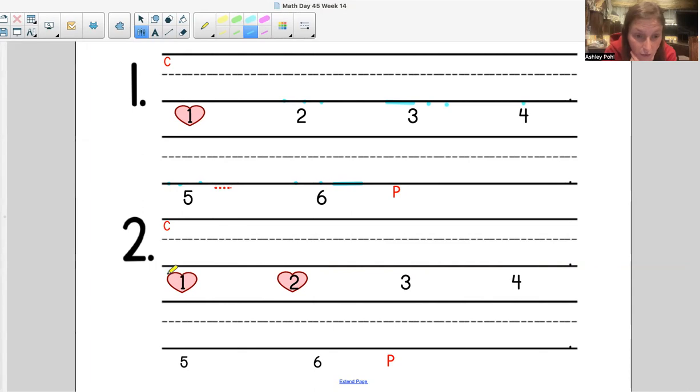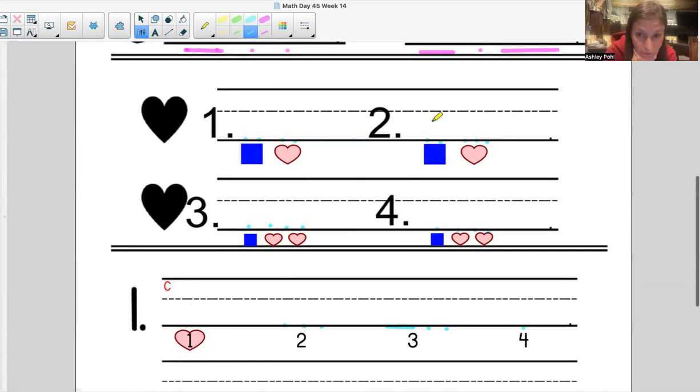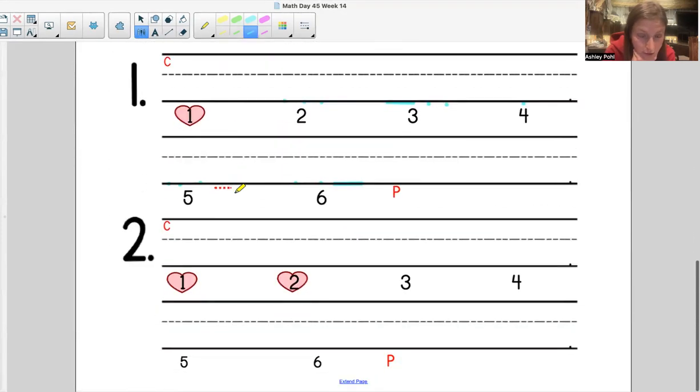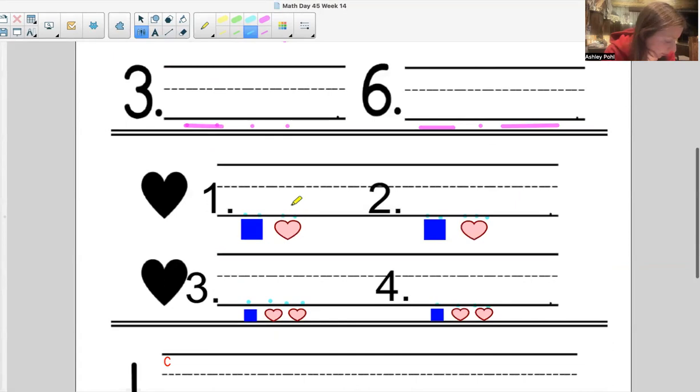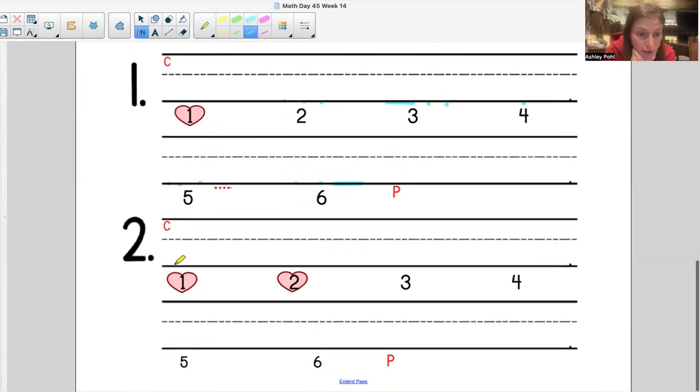They is a heart word. Okay, if you can't remember how to spell it, try your best. Otherwise, it is one of our heart words. It is the first one right there. That's where they is, number 1. My apologies. So they, I have a C to remind you that we need a capital letter here.